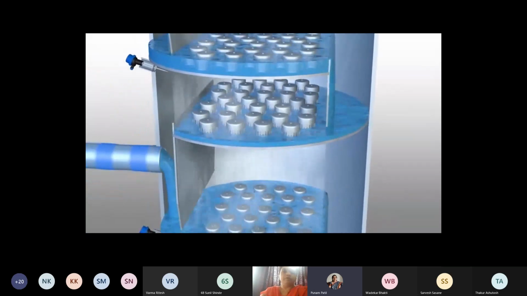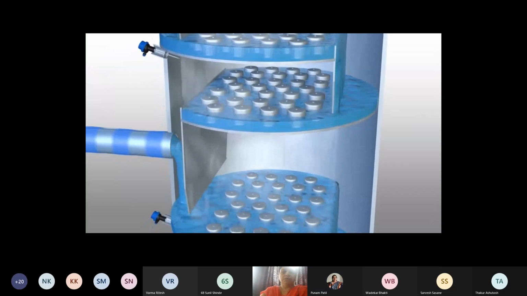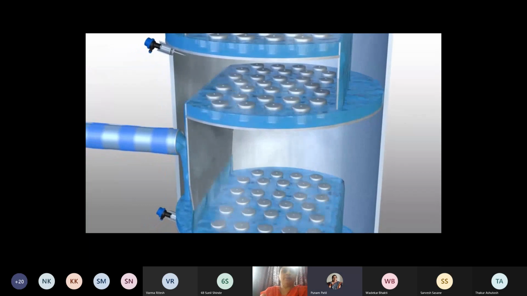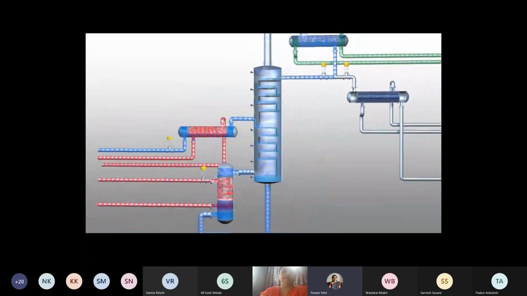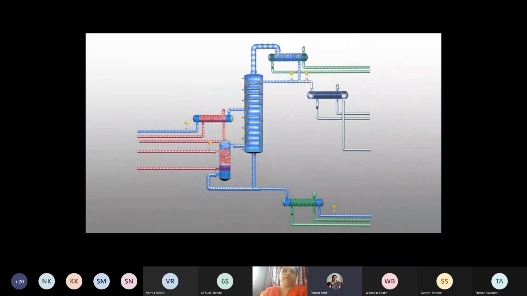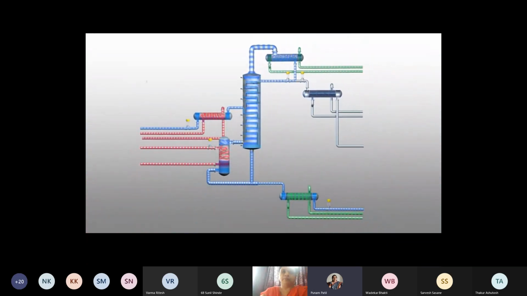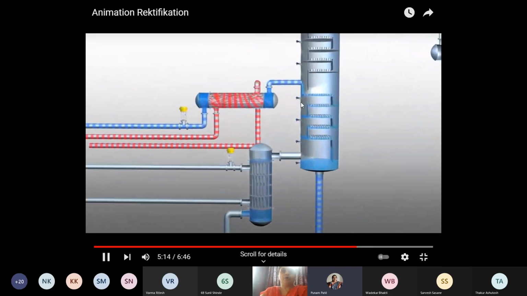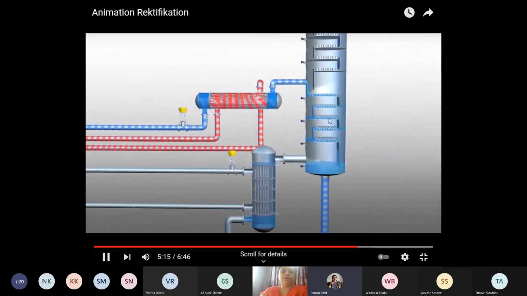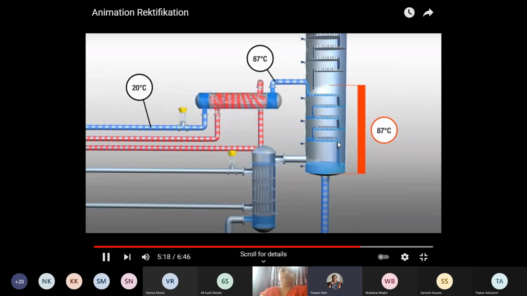So the fraction of more volatile component is higher at the rectification section, whereas the fraction of less volatile component is higher at the stripping section. So on each tray, there is a different equilibrium concentration of the components.